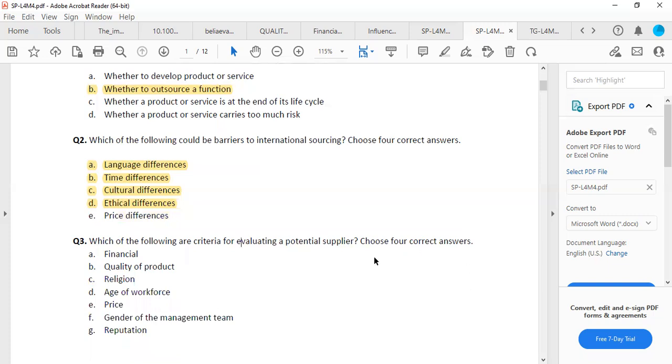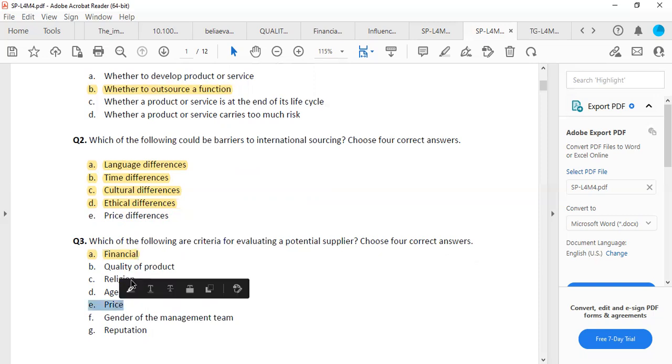All right. Question 3. Which of the following are criteria for evaluating a potential supplier? Choose 4 correct answers. A, financial. Yeah, financial.